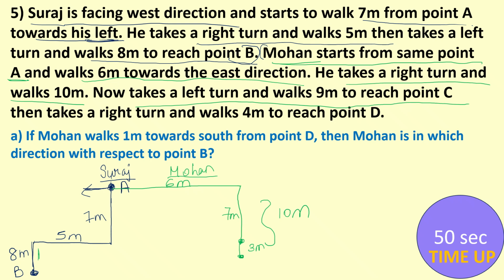Now he takes a left turn and walks 9 meter to reach point C. Then he takes a right turn and walks 4 meter to reach point D. Again you remember this is 8 meter, so I will draw slightly smaller. So this is point D, and this is your 4 meter.